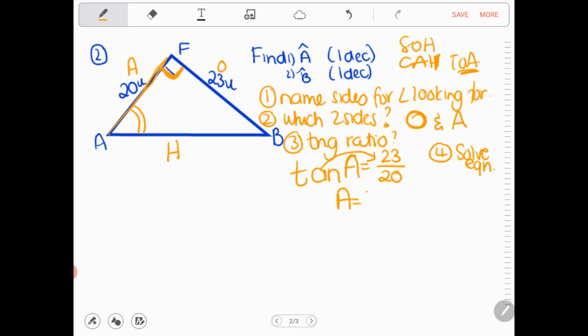So angle A is going to be arctan 23 over 20.